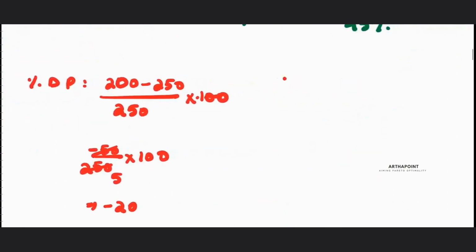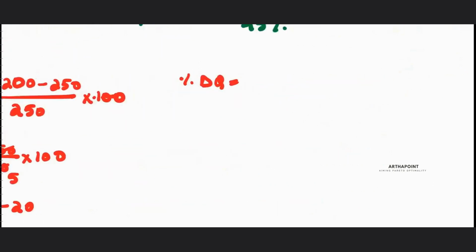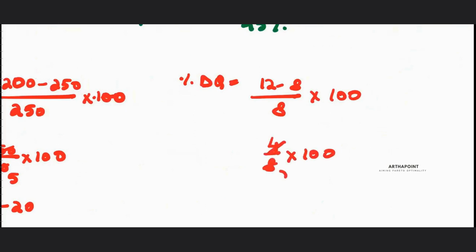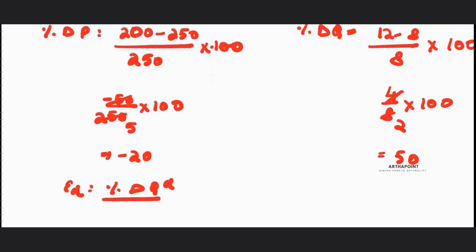And the percentage change in quantity will be, the final quantity now is 12 and the initial is 8. So 12 minus 8 upon 8 into 100, so 4 by 8 into 100. This will be 50. And the elasticity will be the percentage change in quantity demanded due to the percentage change in price.